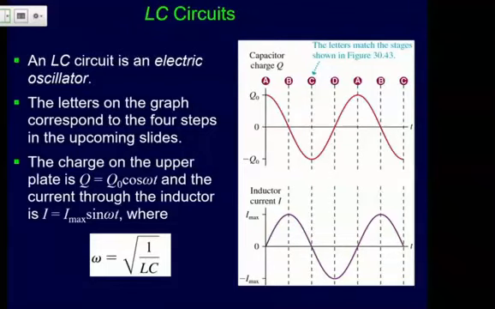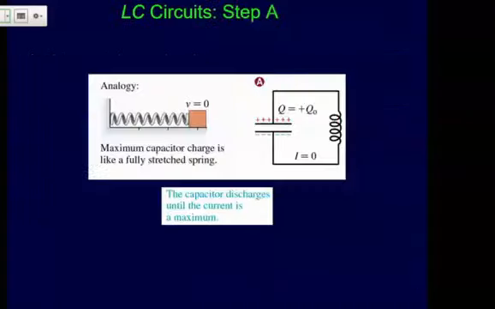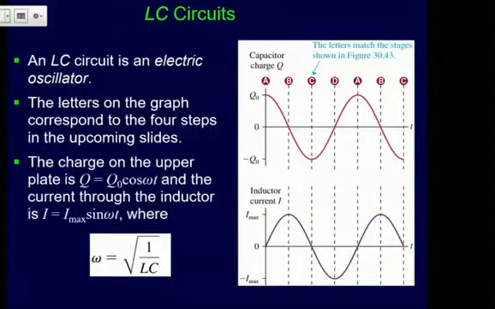If I plug in time 0, I get 1, and so that's the maximum. And then the current through the inductor is I max times sine omega t. And again, one thing to be conscious of is the fact that we're defining our current to be negative dq dt. So that's why this works out this way.